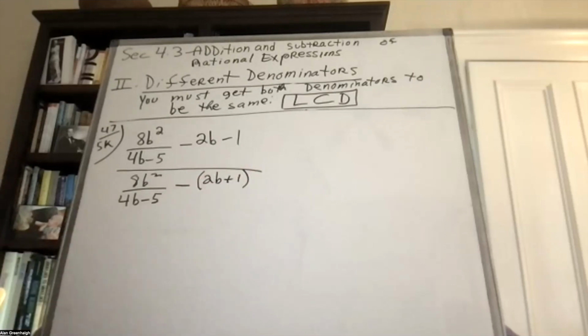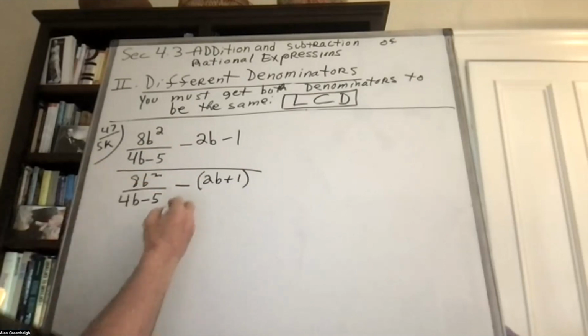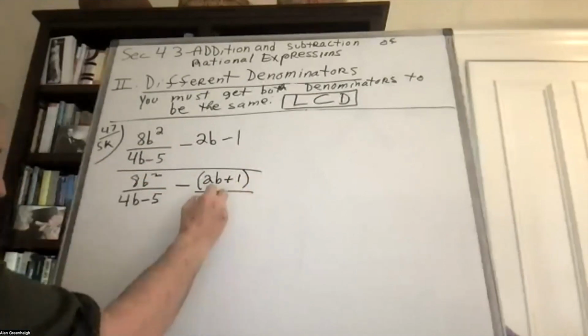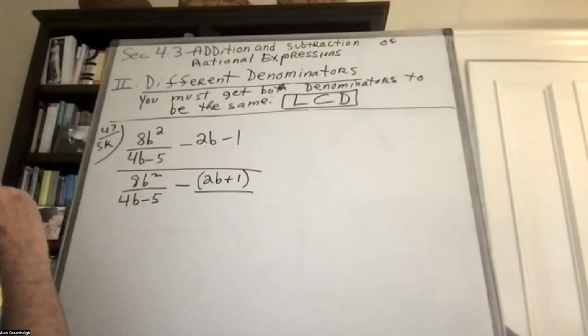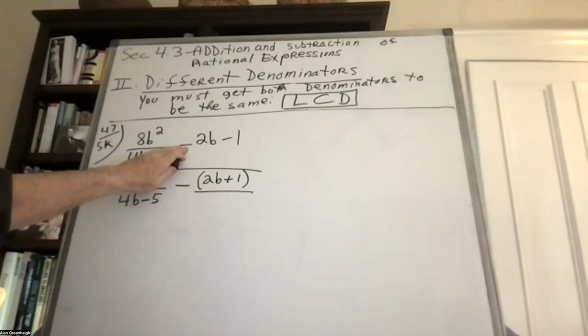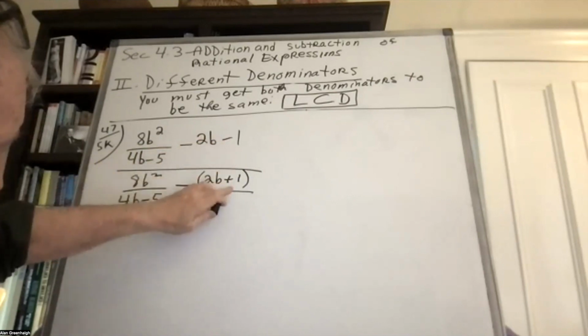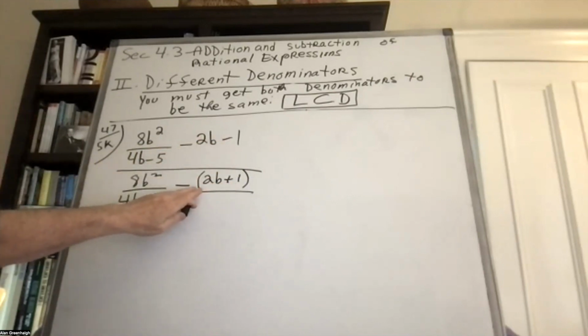See that? This is equal to this. Does that make sense? Factor out the negative from the 2b and from the negative 1, and that's what you get.